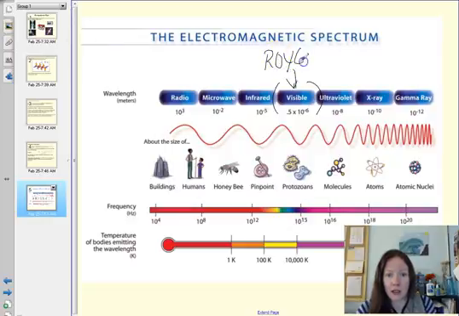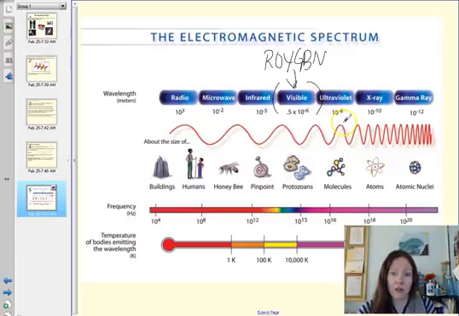Orange, yellow, green, blue, indigo, and violet, the ROY G. BIV, right? So violet, or purple, is our lowest wavelength, highest frequency color that we can see. The different colors we see are determined by their wavelength.